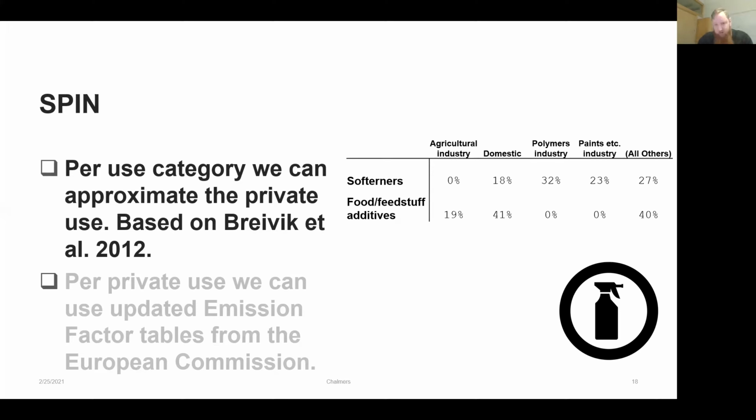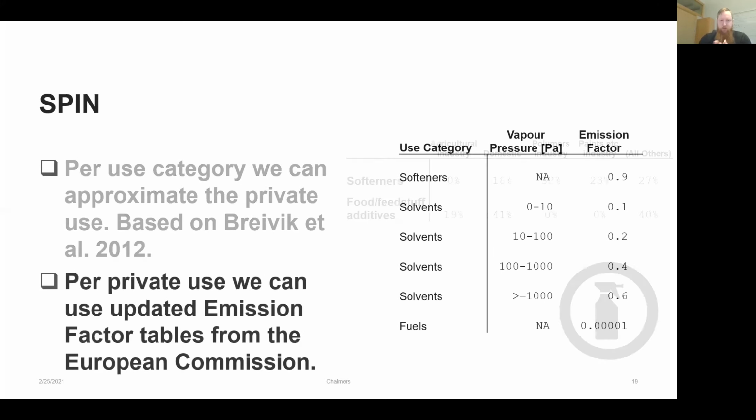And then there's one row such as this for each use, and the second row that I have there is just another example. So that gives us the private use. We have the weight from the database. Now we need the emission factor.